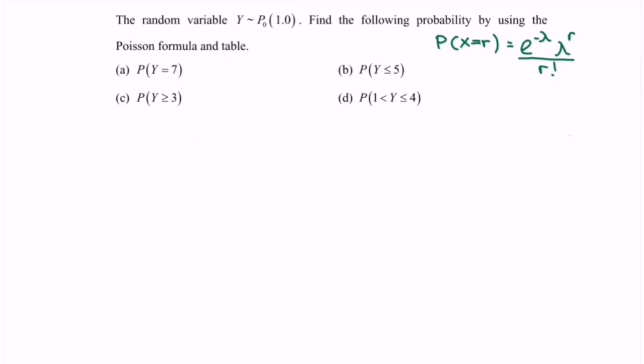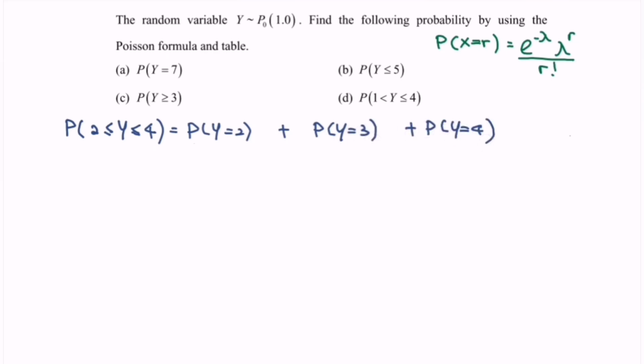Next, discuss D, where we have the probability that y is greater than 1 and less than or equal to 4. My suggestion is to modify the situation because the sign is very important, where we have the probability that y is greater than or equal to 2, less than or equal to 4. By using the Poisson formula, we are interested in y equals 2 plus y equals 3 and y equals 4.